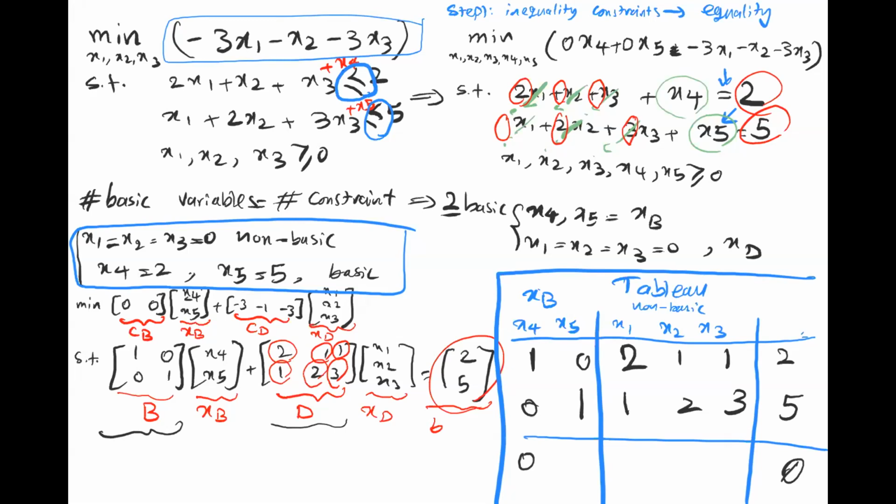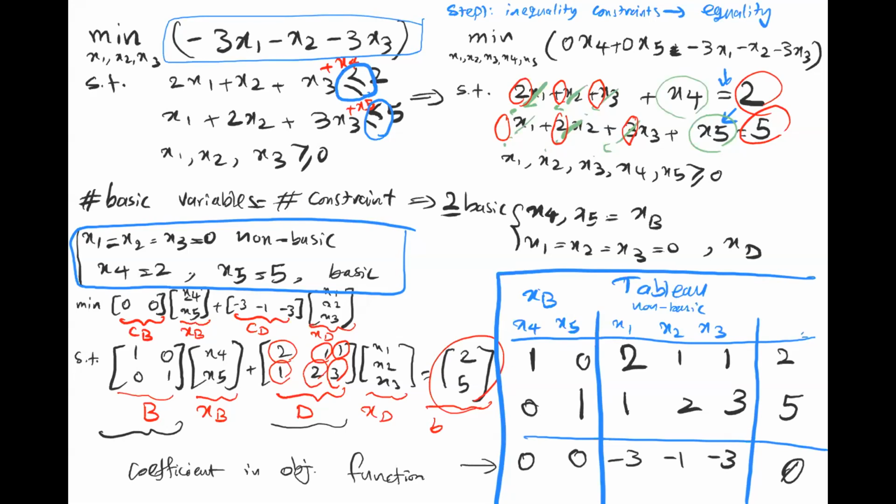Then here we have 0 and 0 as the coefficients in the objective function: 0, 0 for the basic variables, and -3, -1, -3 for the non-basic variables.